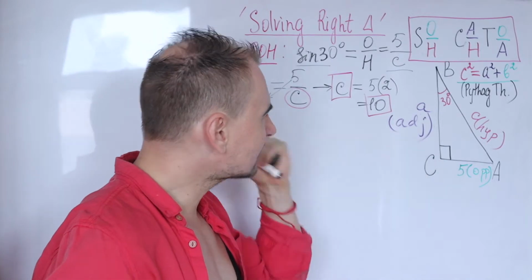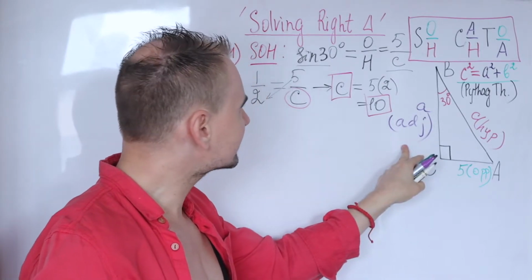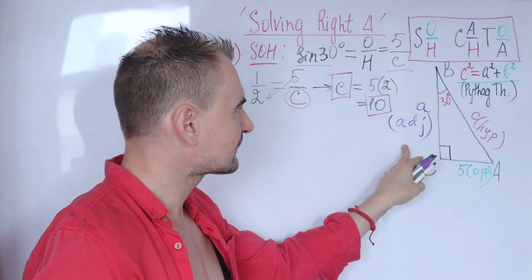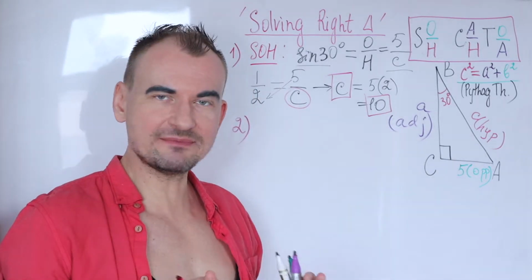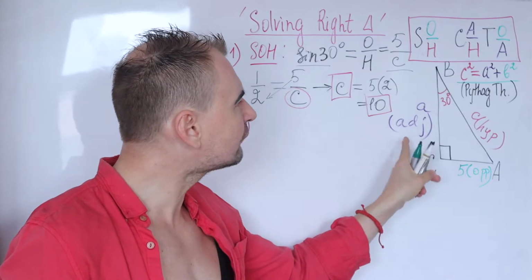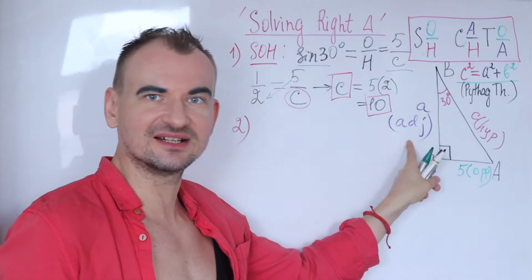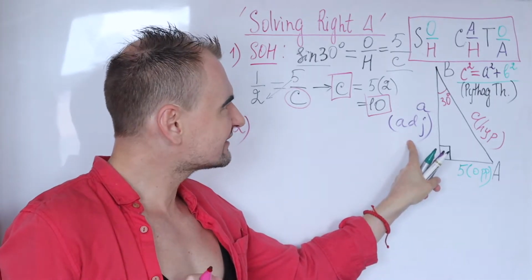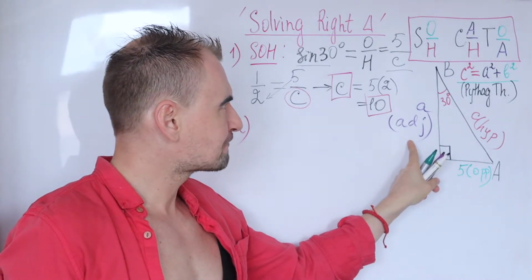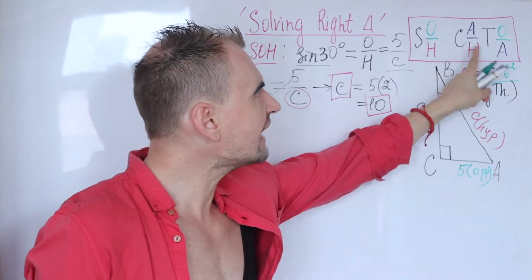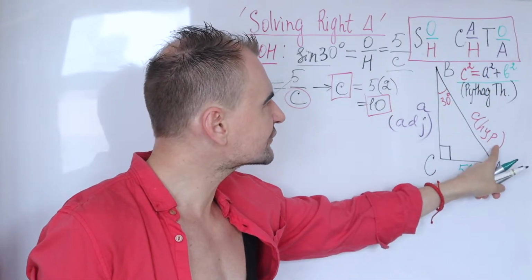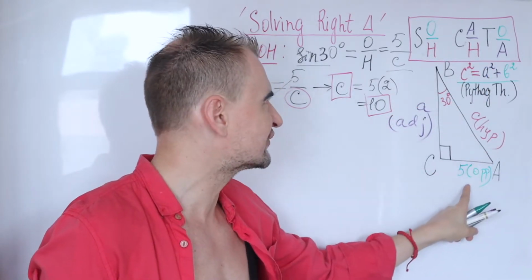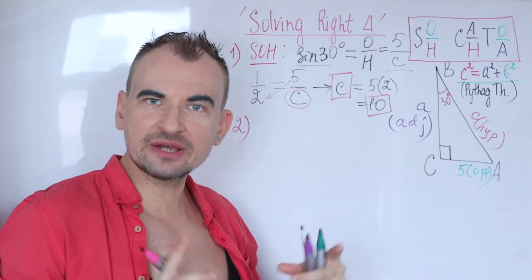We need to find another missing side, which is the adjacent side, a. So let's do it. Similarly, we need to find this adjacent side. What deals with the adjacent side? It's either cosine or tangent. We know the hypotenuse and we know the opposite side. So again, you have a choice.